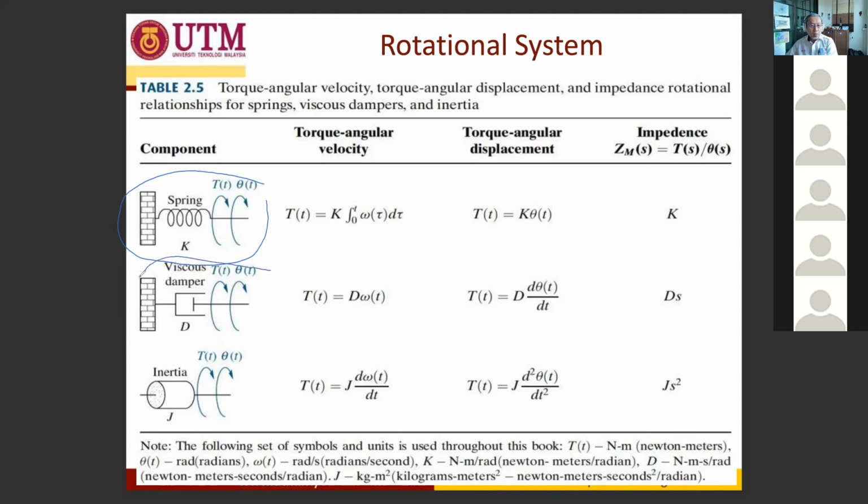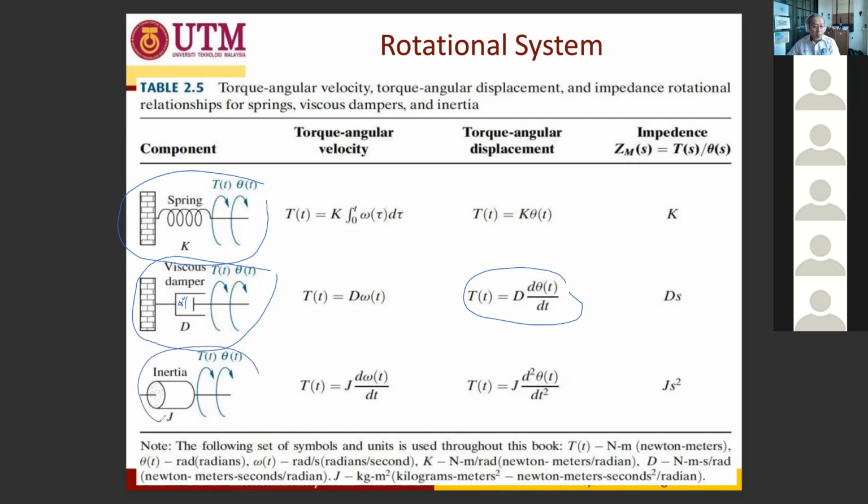The second one is the viscous damper, where you have oil inside the damper, and the viscosity of the oil is represented by D, which is the viscous damper constant, where the torque is equal to D omega T. And in terms of displacement, it will become D d theta dt.